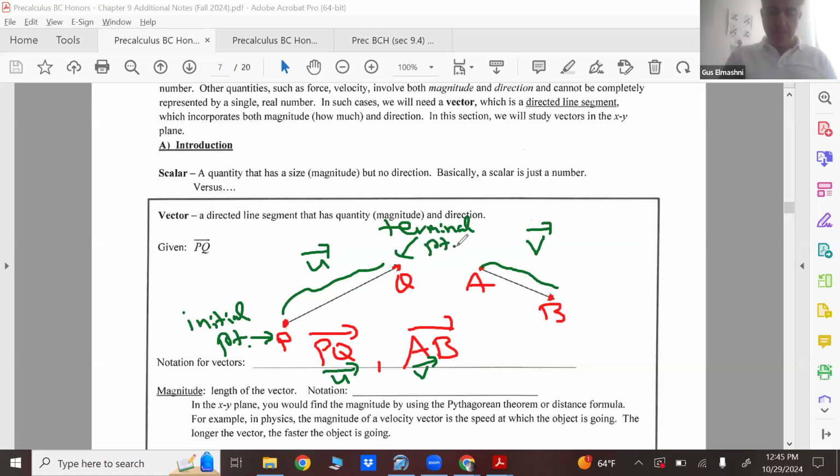Now the length of the vector, that's kind of an interesting one. The length of a vector is its magnitude. There's a notation for that as well. It's simply how long it is, right? Like if you got a ruler and measured it, it's how long it is. That's called magnitude. It's kind of a weird symbol that's used for that. Let me change colors for a bit of contrast.